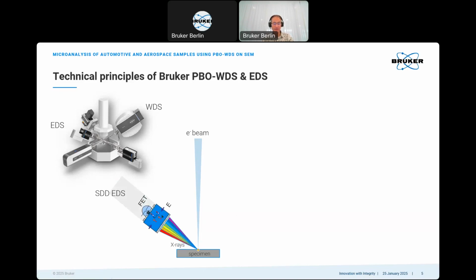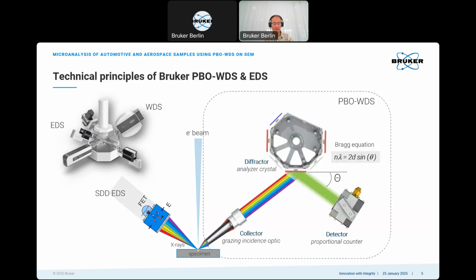These X-rays can be captured by an EDS, which analyzes and counts the photons in a single process. The WDS here on the right side consists of 3 main parts and splits the analysis and counting of photons into 2 separate steps.